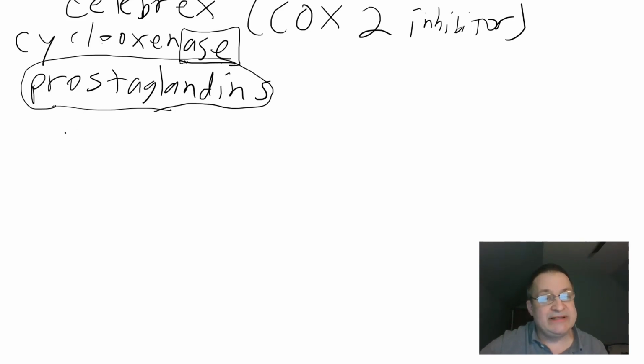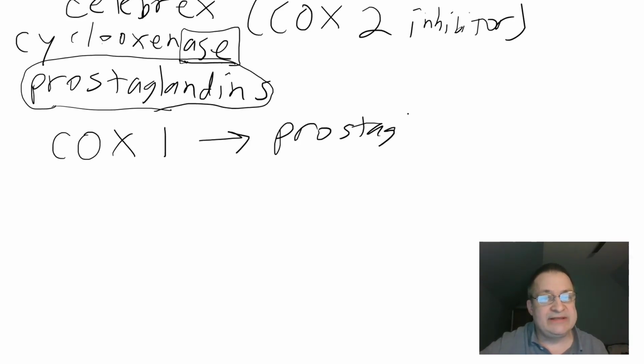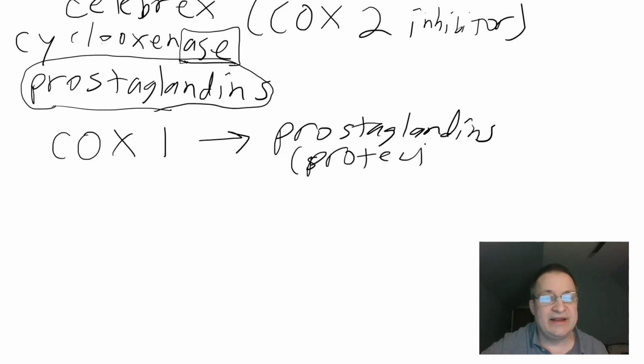And for those prostaglandins, you have COX-1. Cyclooxygenase 1 produces those prostaglandins, the ones that protect the stomach and also activate platelets.